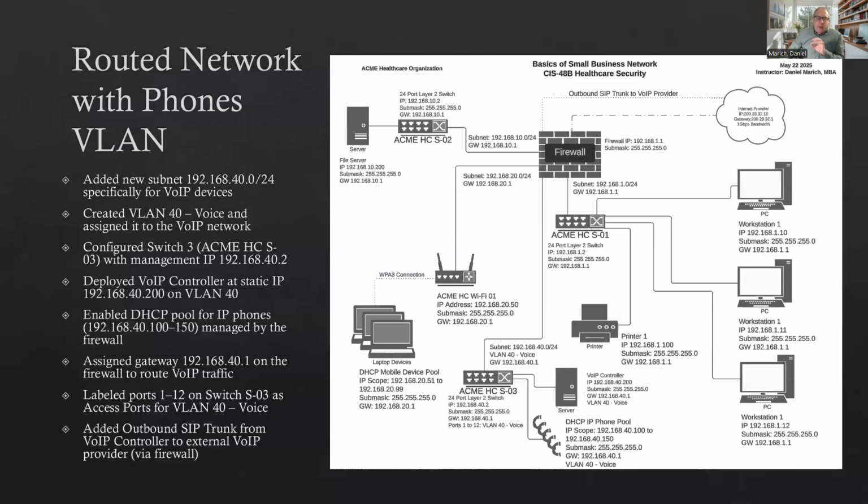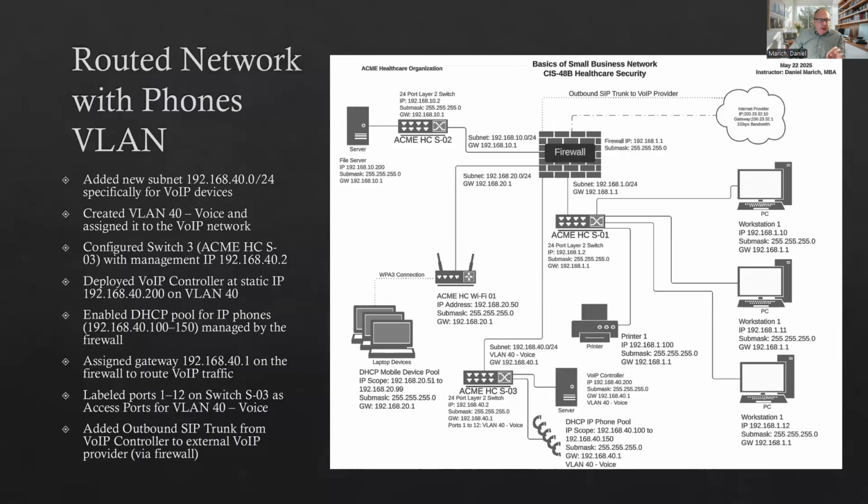So without getting this too complicated, usually when you roll out a VLAN, you're going to roll out a VLAN for every subnet. In this case, in this basic illustration, I'm only rolling out one VLAN for my IP phone pool.